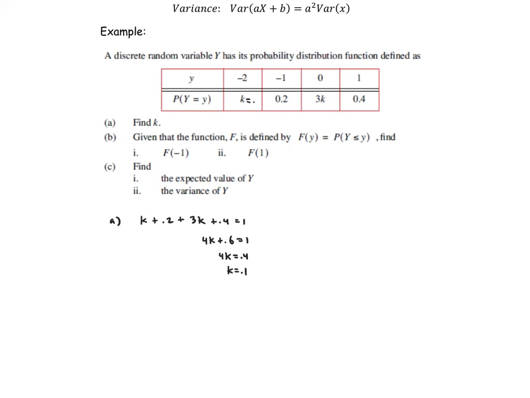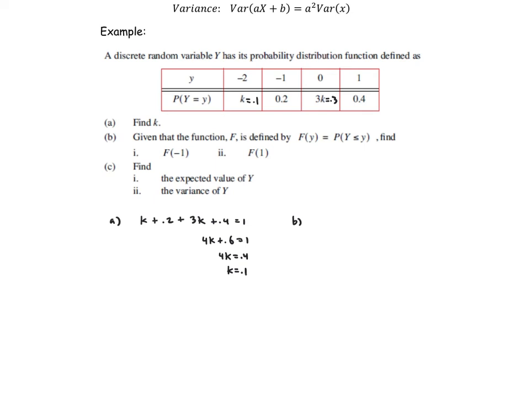Now, I'm going to go ahead and put these in here so I have those to reference in a moment. Okay, part B says that a given function f is defined as f of y is equal to the probability that y is less than or equal to y. So what does that mean?